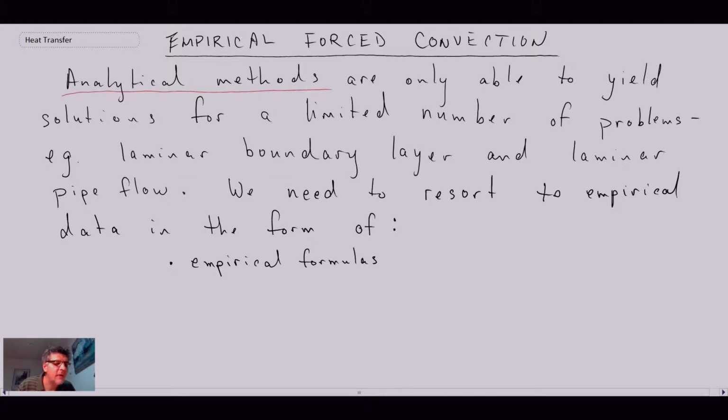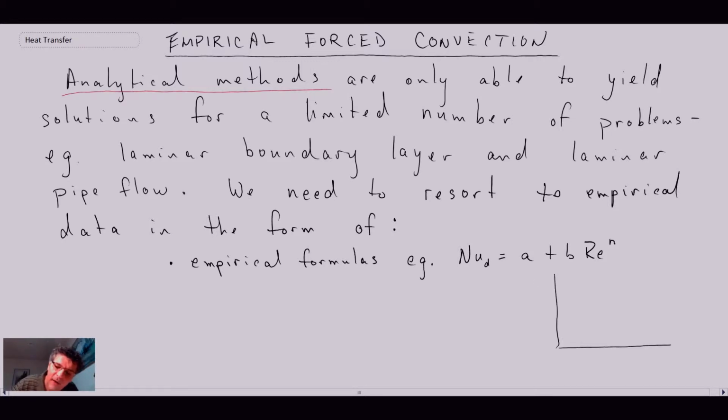We could have empirical formulas, and an example of that could be Nusselt number. So let's say it's Nusselt number based on some characteristic length scale diameter, A plus B Reynolds number to the n. We haven't looked at this one yet, but this is convective heat transfer over a cylinder, and it's referred to as being King's law.